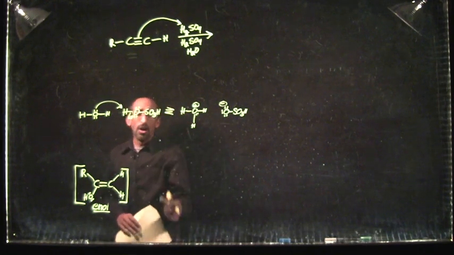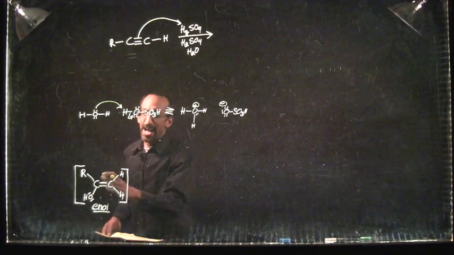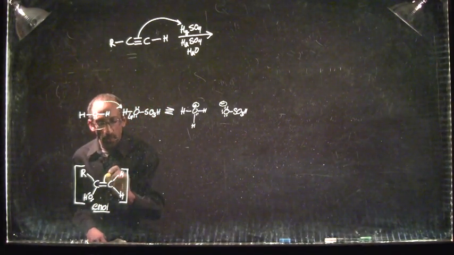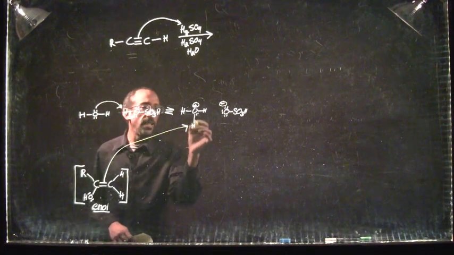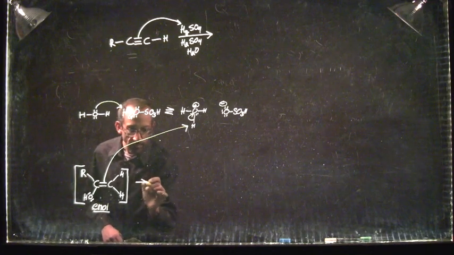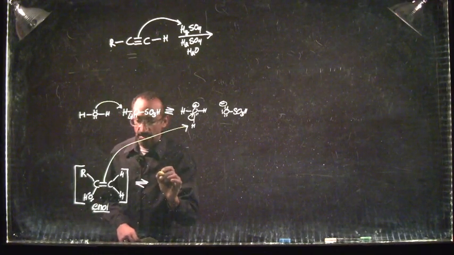From here, recall from the very beginning, when we discussed electrophilic additions, that alkenes are weak bases. And so what can happen is that our alkene can accept a proton from hydronium to give us a new resonance stabilized carbocation.